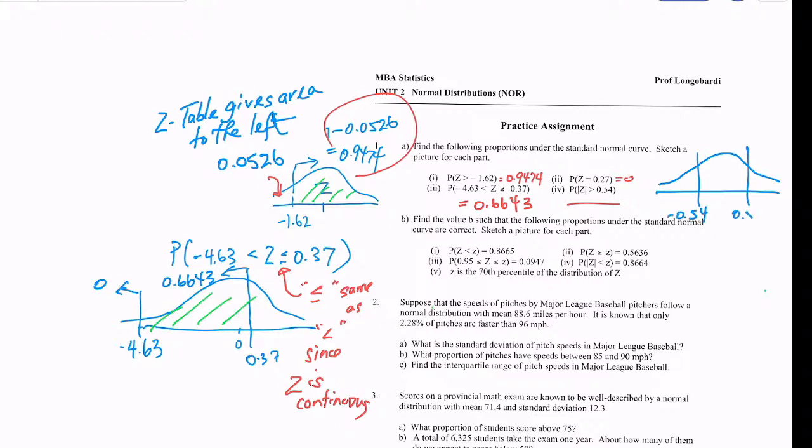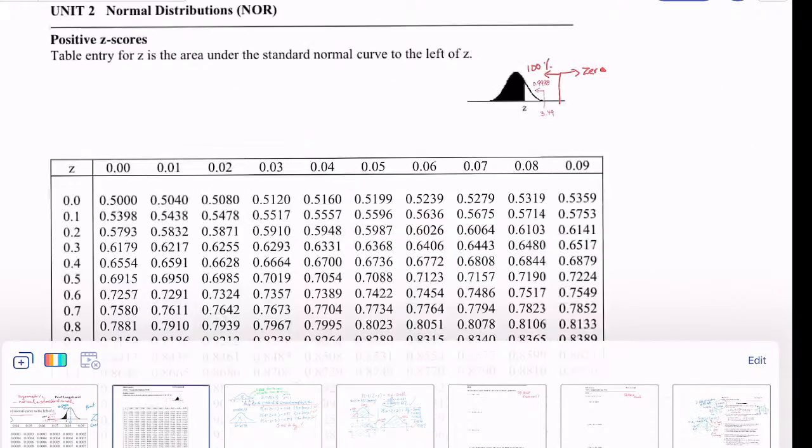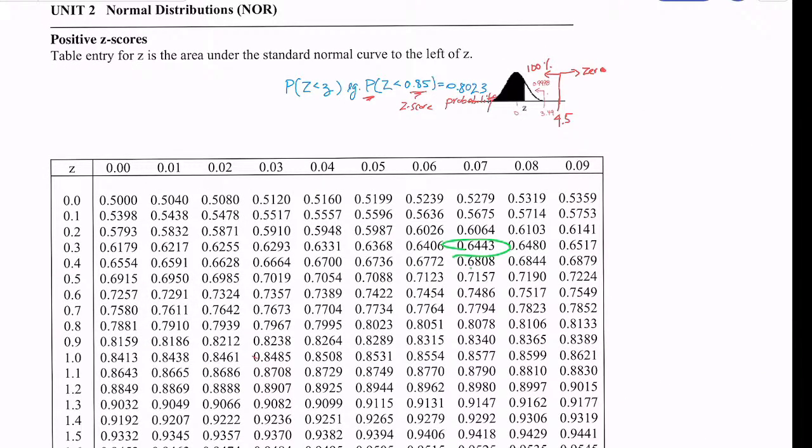Professor, excuse me, I have a question about number 3. Is it 0.66443, or did you put 666? Maybe there's a mistake. Let me check. So the answer was 0.37... 6443. Too many sixes, right?